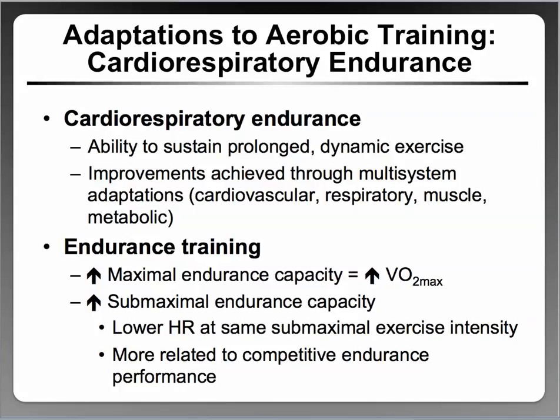For example, if I've been a couch potato and I decide that I want to start exercising, let's say that I buy a treadmill and I decide to run at 5 miles an hour, and I get a heart rate monitor and I track it.